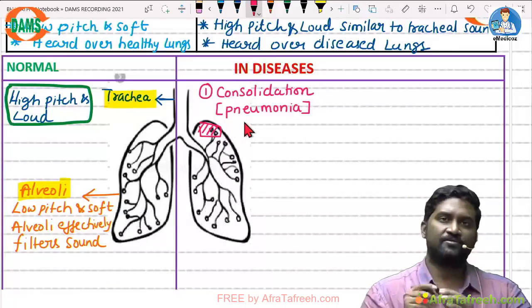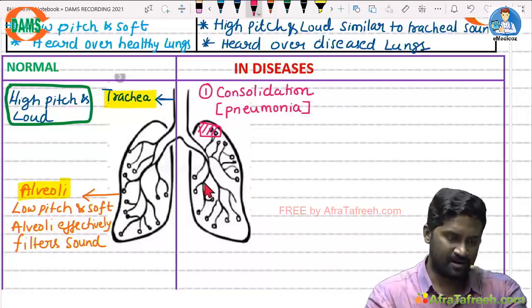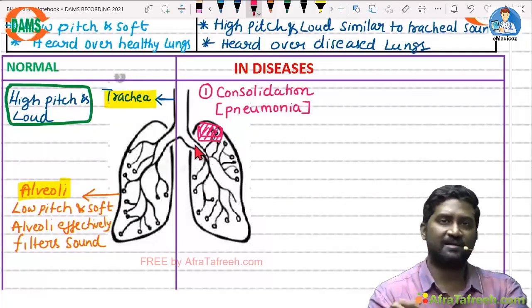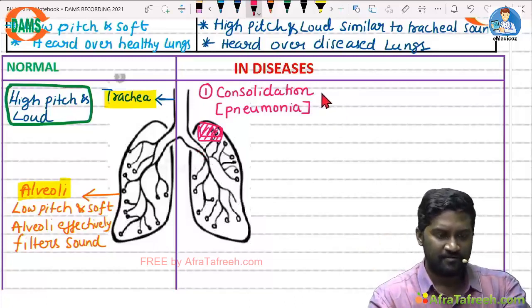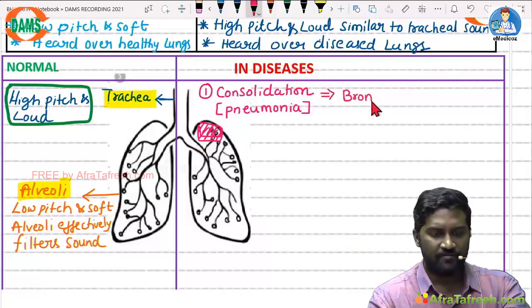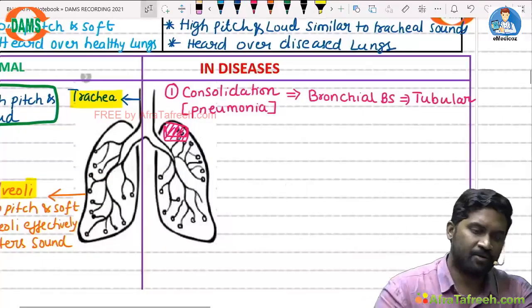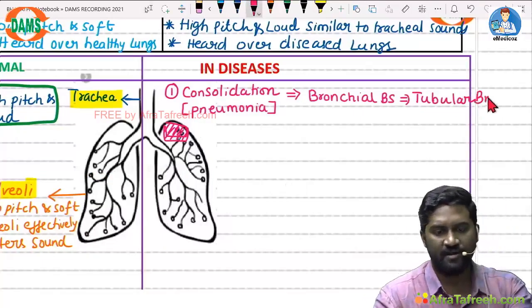You must know that solids are the most effective conductors of sound. So whenever there is a consolidation area, the sound will be conducted with more intensity. Because of this, there will be a bronchial breath sound, and in consolidation it is given a special name called tubular breathing.